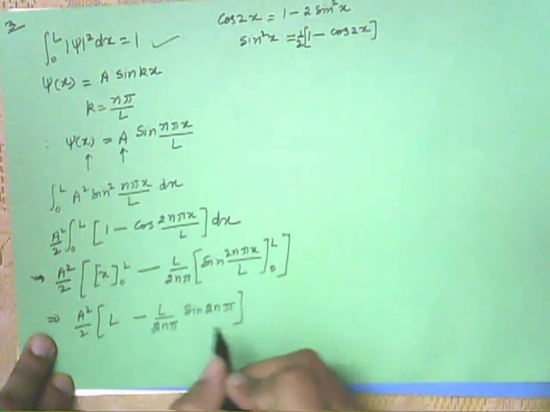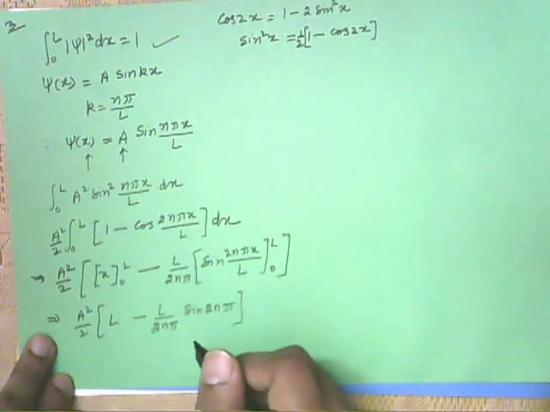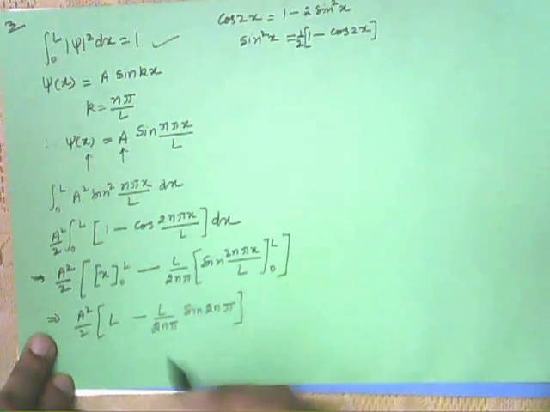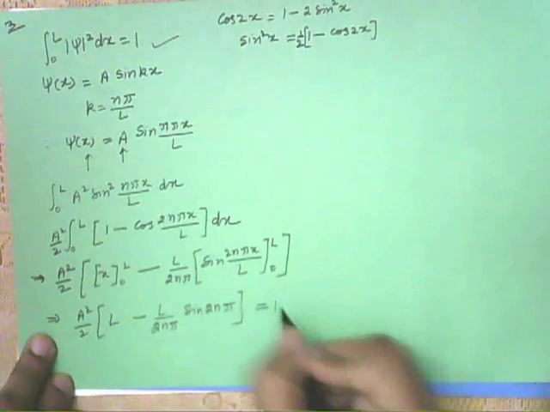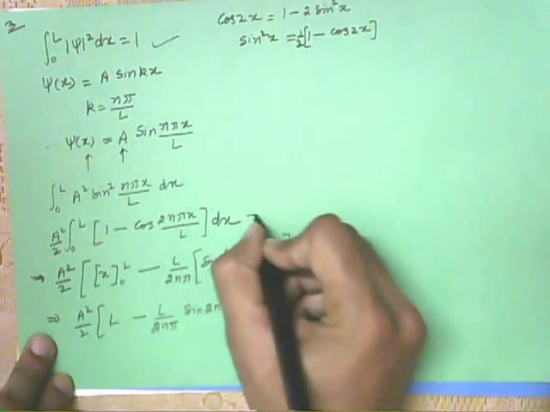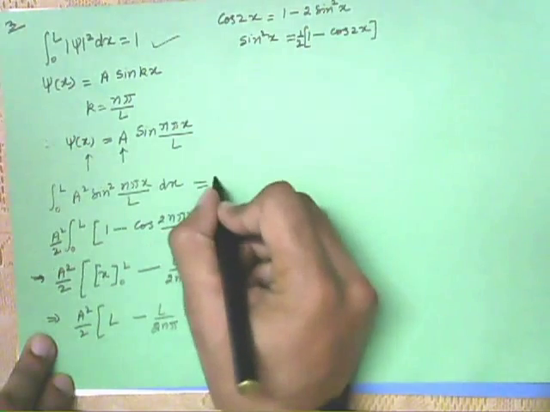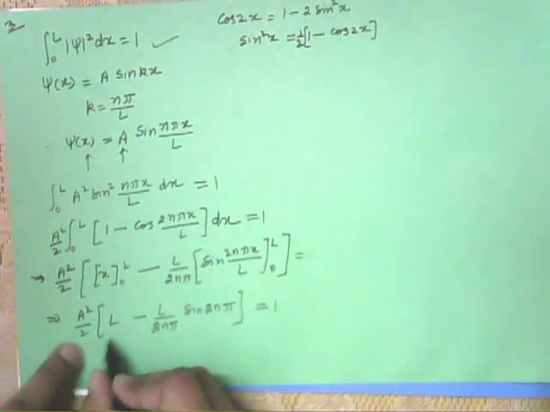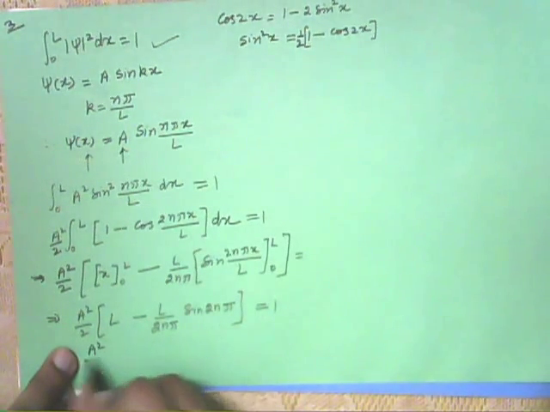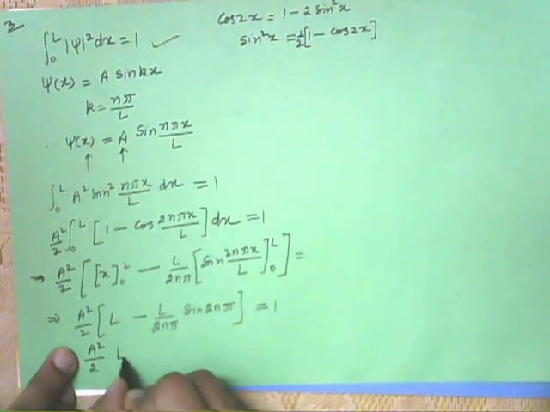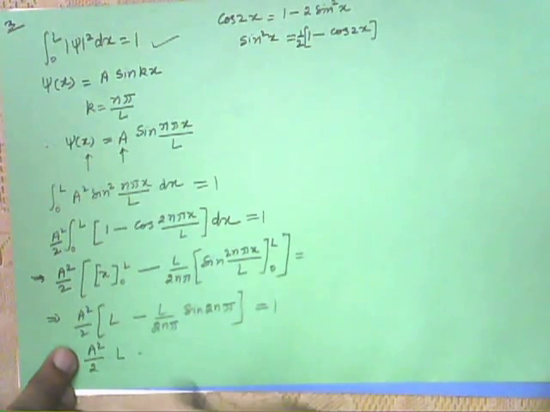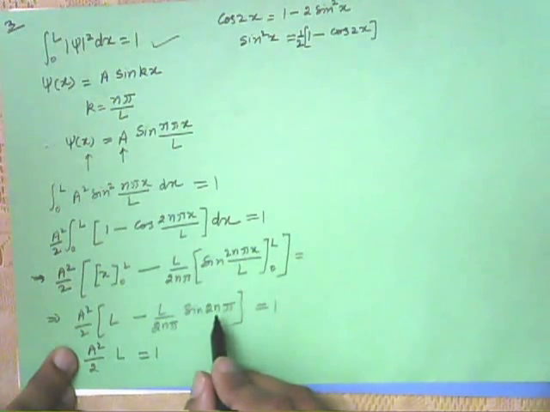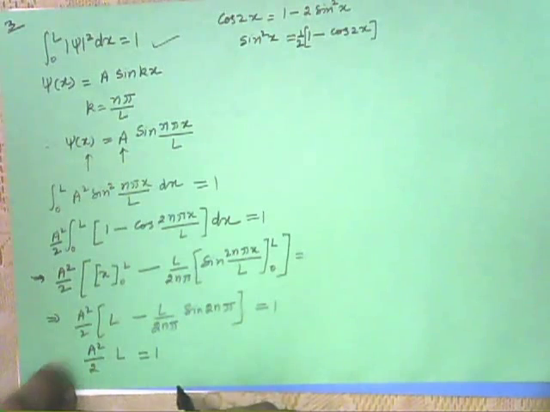This is one result, and this is always equal to 1. So a square upon 2 into L is equal to 1. Why? Because sine 2 n pi is equal to 0.